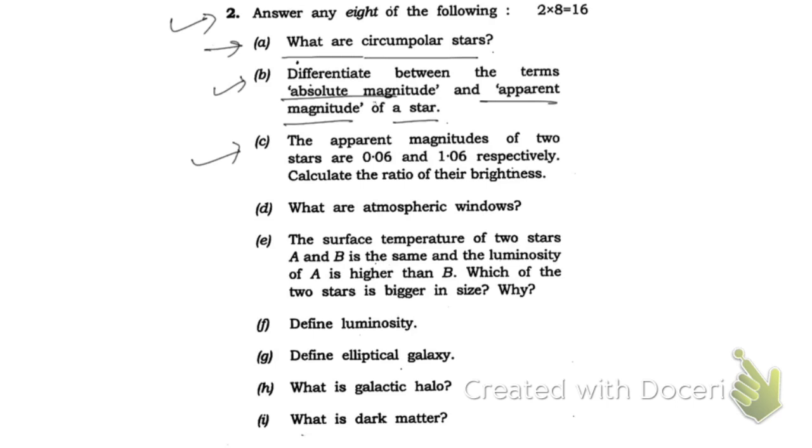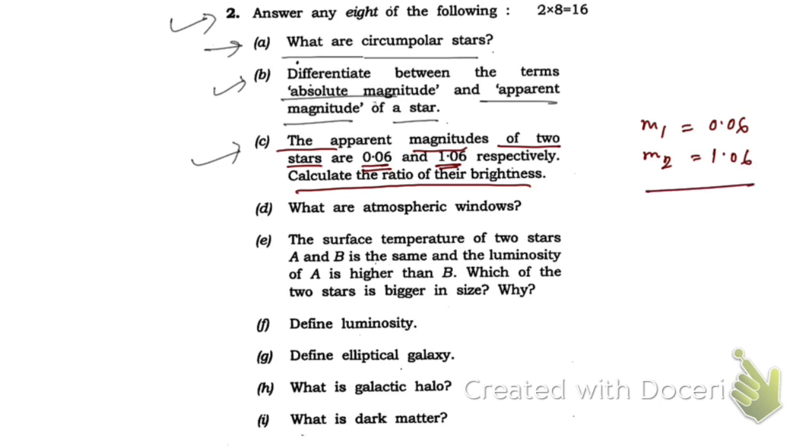So our next question is: the apparent magnitudes of two stars are 0.06 and 1.01. Calculate the ratio of their brightness. Now you see apparent magnitude, and I'm going to use the symbols M1 and M2, for apparent magnitudes 0.06 and 1.06, right?